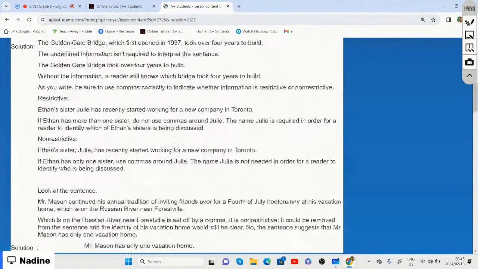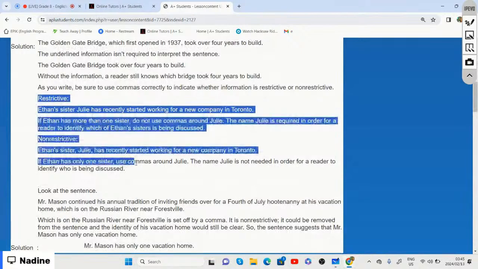And then we also made an example of a restrictive as well as a non-restrictive element.